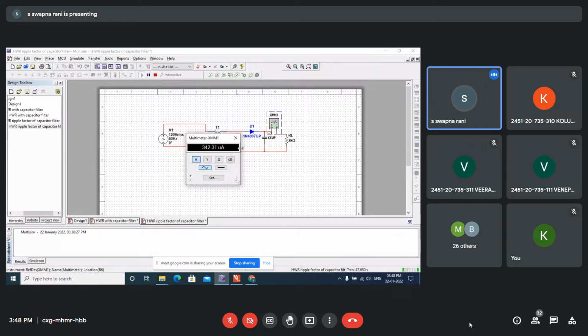So if you calculate the AC RMS by DC, you will get the ripple factor. So I have used only the ammeter, but you can also connect a voltmeter across the load resistor so that you can find the ripple factor with the current component and voltage components as well.